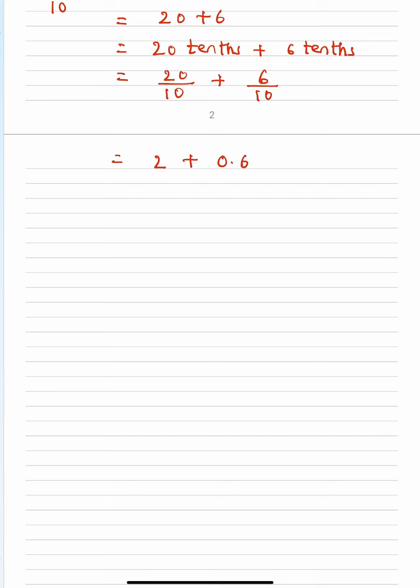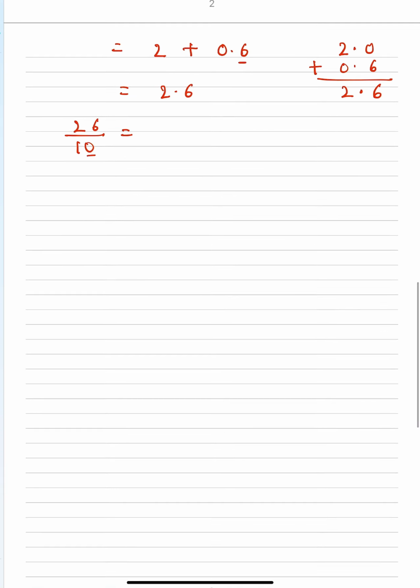Again, after 2 there is no decimal digit, so 2.0 plus 0.6. So 0 plus 6 is 6, then a decimal point, and 2 plus 0 is 2. So we get 2.6. As such, if we see 26 upon 10, because it is 10, we put the decimal before one digit, and this is how we got 2.6.